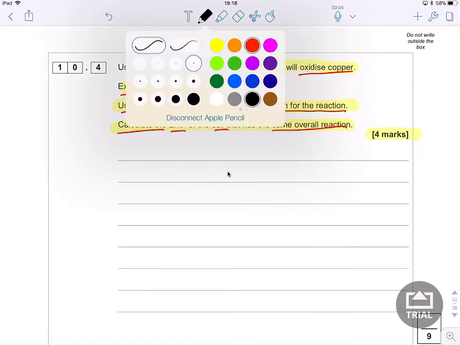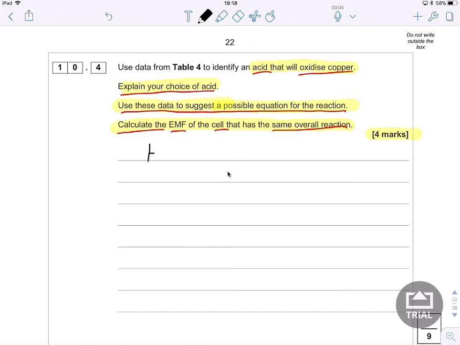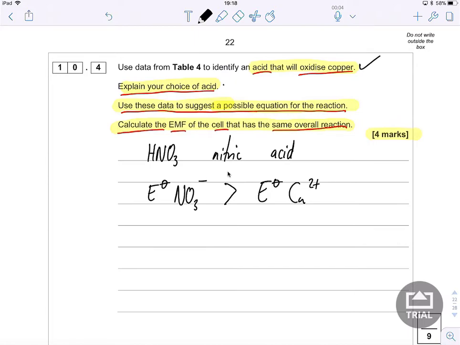I can say nitric acid, because the electrode potential of my nitrate is bigger than my electrode potential for my copper 2+. I've got my acid, I've explained my choice of acid. I could go further with my explanation to say that my copper will be oxidized, but I don't need to; the mark scheme says I've done enough just to state those 2 things. So I've got 2 marks for each.